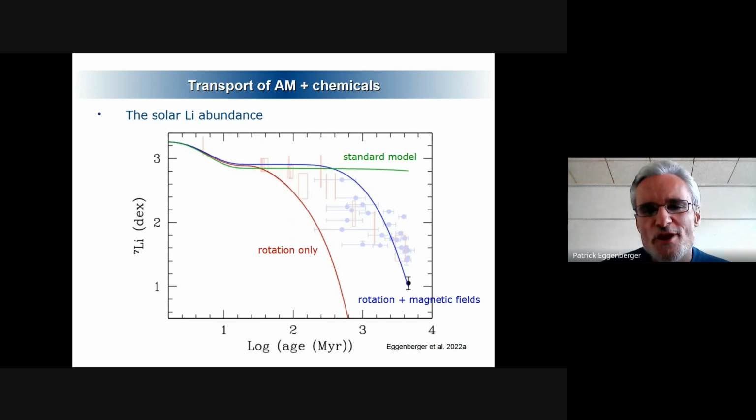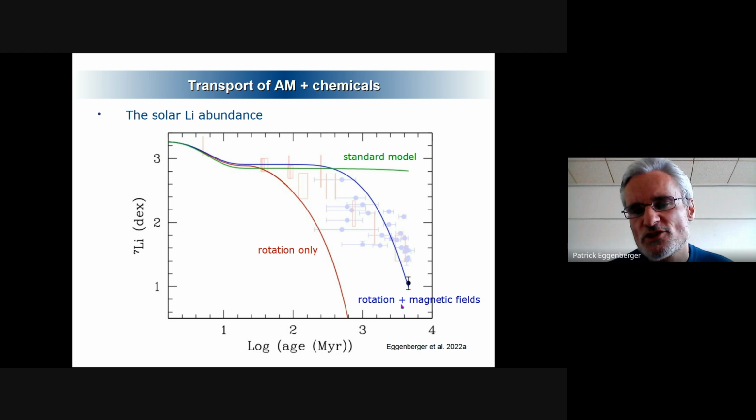And what is the consequence? For instance, for the sun, what is interesting here is to look at, as we have said in the introduction, the lithium abundance. With the standard model, we have some depletion during the pre-main sequence, but then it's more or less flat because we don't have transport processes during the main sequence. If we have rotation only, this is shown here, we deplete very efficiently lithium, but at the age of the sun, we cannot reproduce the observed lithium abundance because we deplete more or less all the lithium during the main sequence.